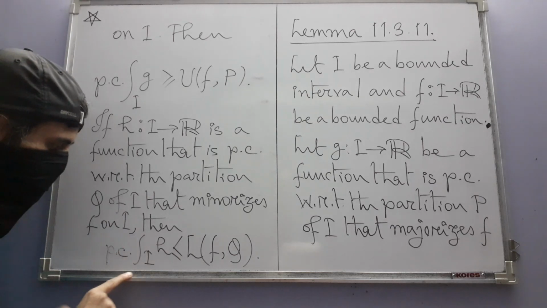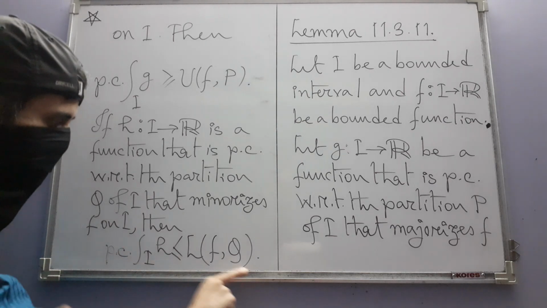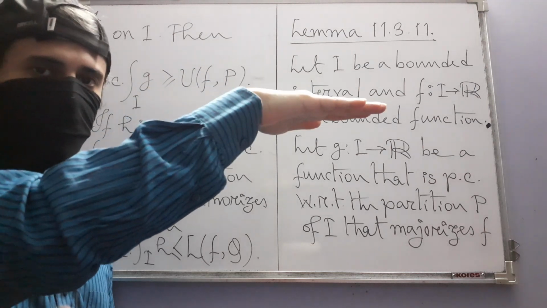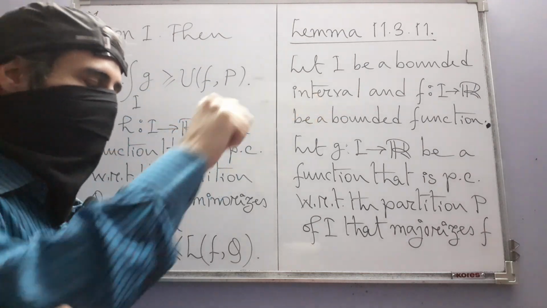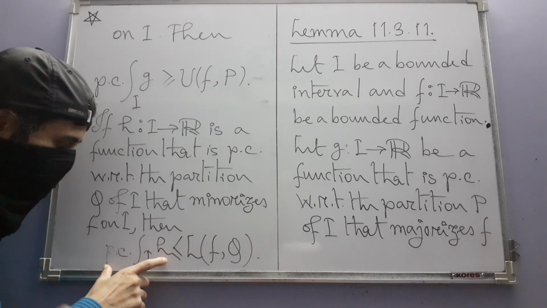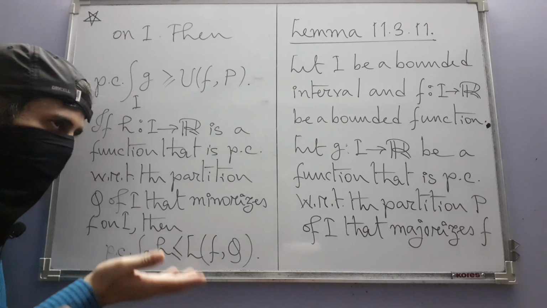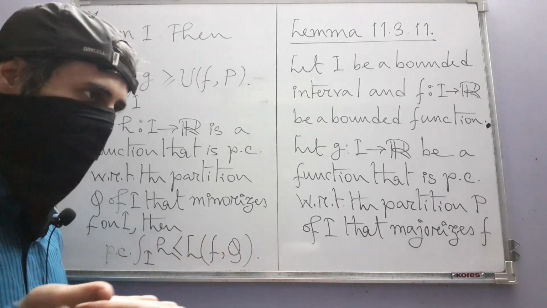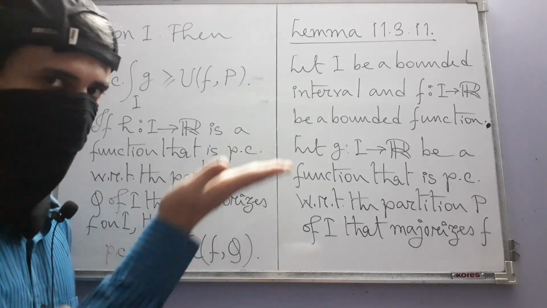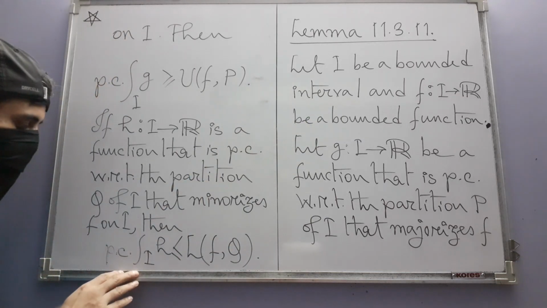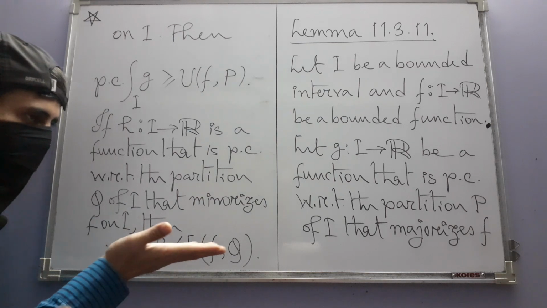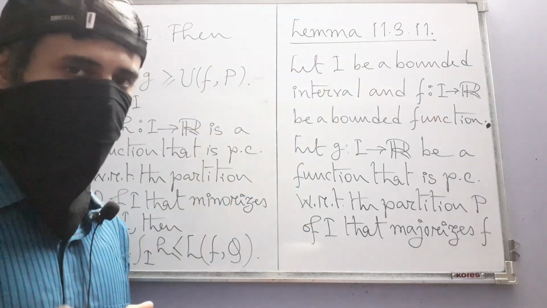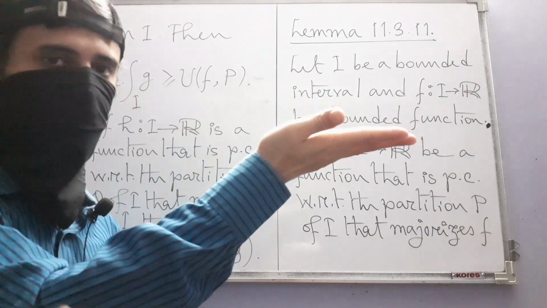The exact opposite thing happens with the lower Riemann integral. When you think of the lower Riemann integral of a bounded function, then you are looking at integrals of piecewise constant functions that minorize the given function. That is, their graphs lie below the graph of the given function. So the piecewise constant integral of such functions falls short of this lower integral.